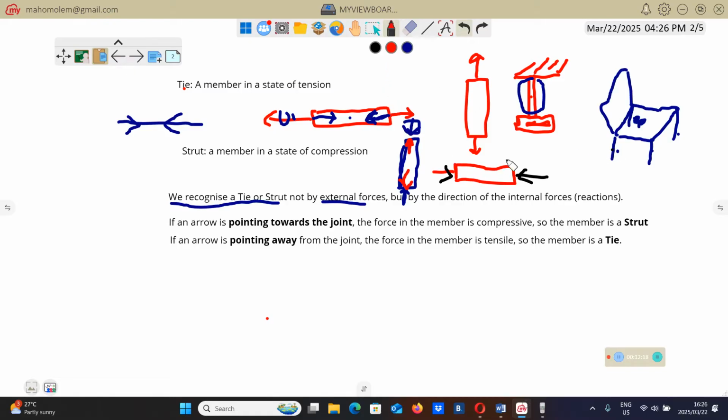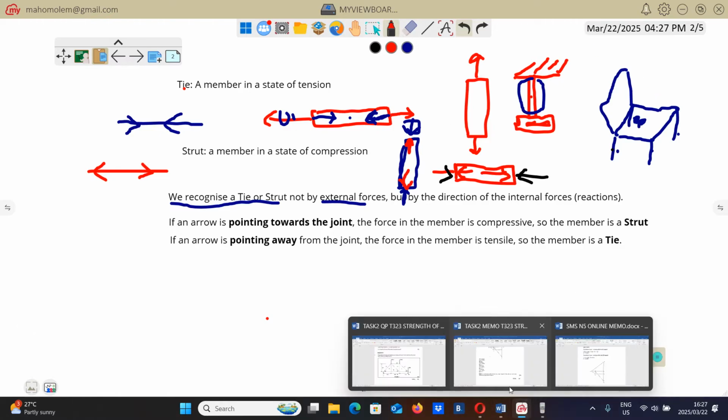The internal forces are going to act in opposite directions, like that. So if a member has internal forces like this and like that, we're going to call it a strut.